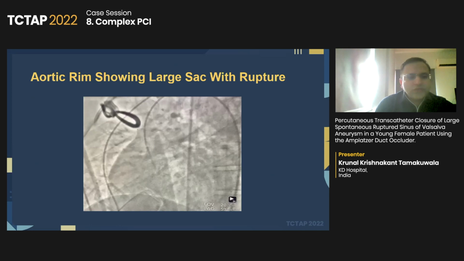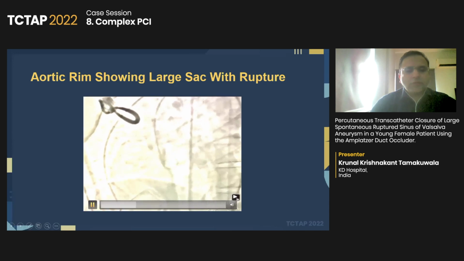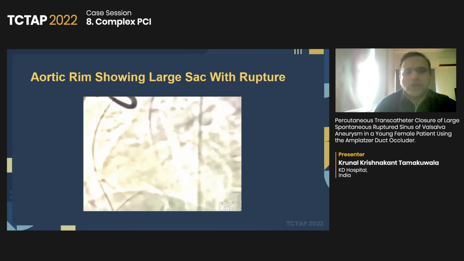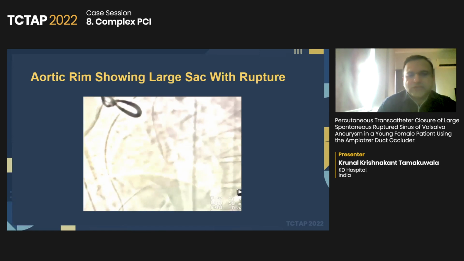The procedural steps: the aortic root view showing the large sac with the rupture. All procedures were performed under GA with TEE guidance. The femoral vein and artery were accessed with 9 French and 5 French sheaths respectively.